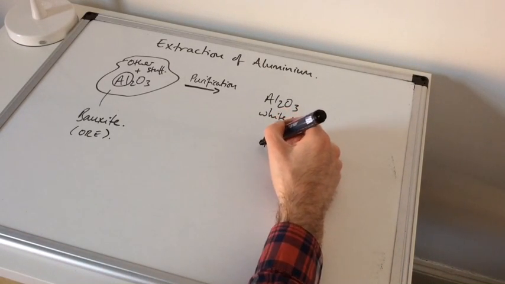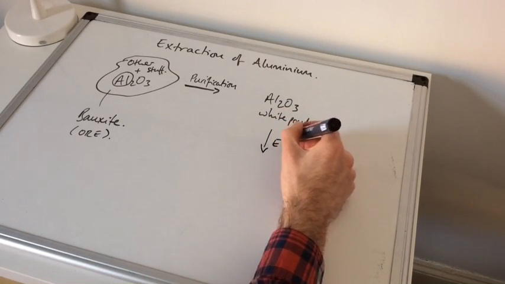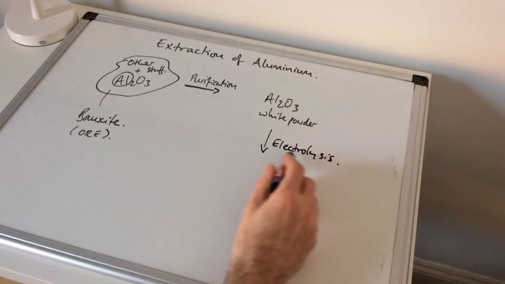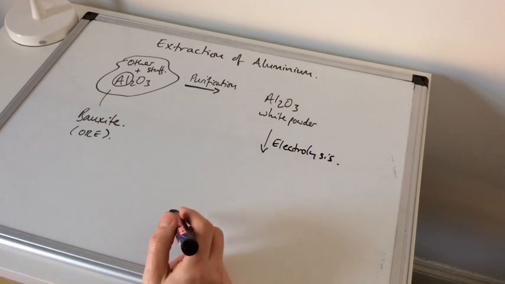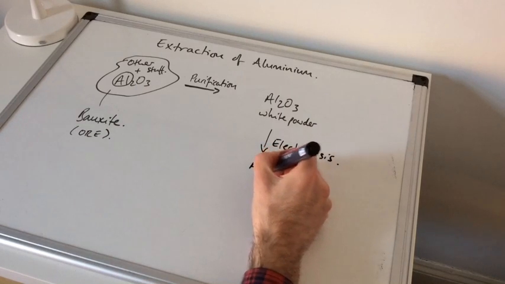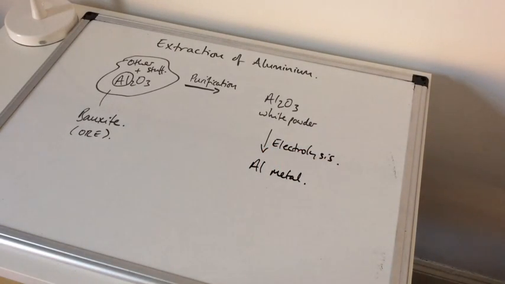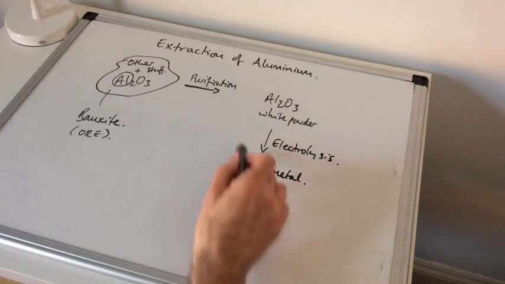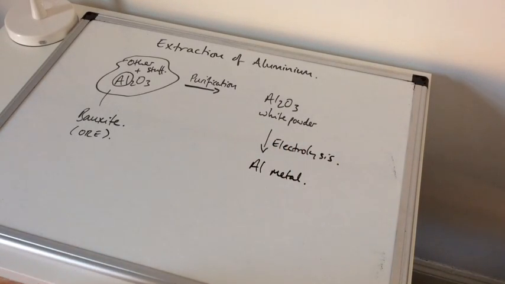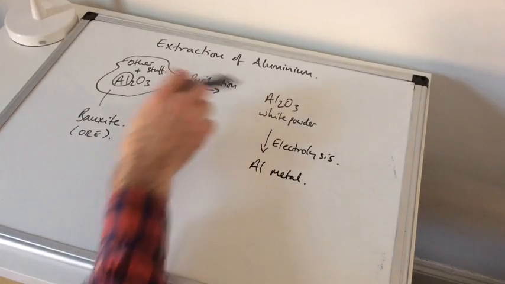The next part of the process is electrolysis, and electrolysis of aluminium oxide would give you the aluminium metal. So what I'm going to do now is focus on this part of the process, the electrolysis of this aluminium oxide.